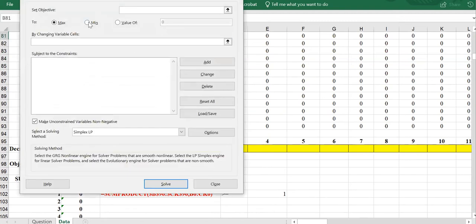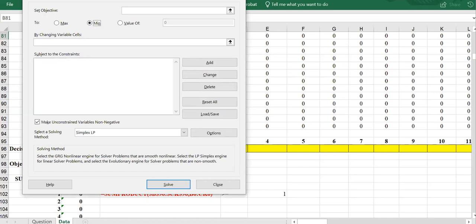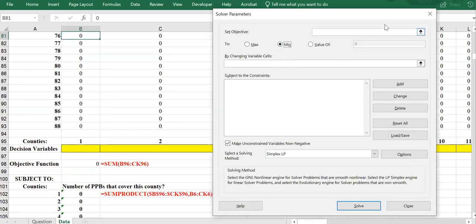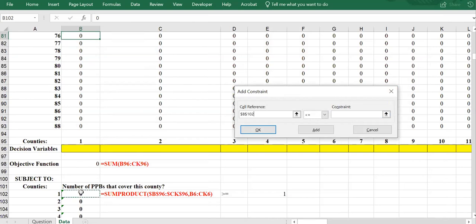We want to find the minimum number of PPBs by changing B96 to CK96, or you can just select it by clicking on those. And subject to the constraints, we have 88 constraints.